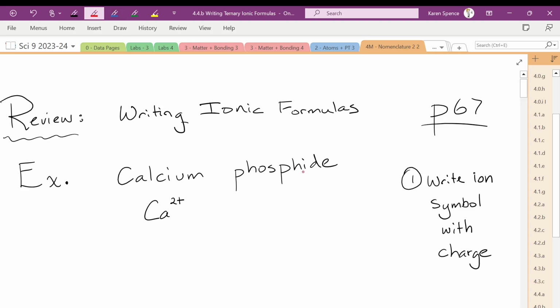When you see the ending "ide," does that mean that you probably need to look on the periodic table or the table of polyatomic ions? Periodic table. So go find out who phosphide is on the periodic table.